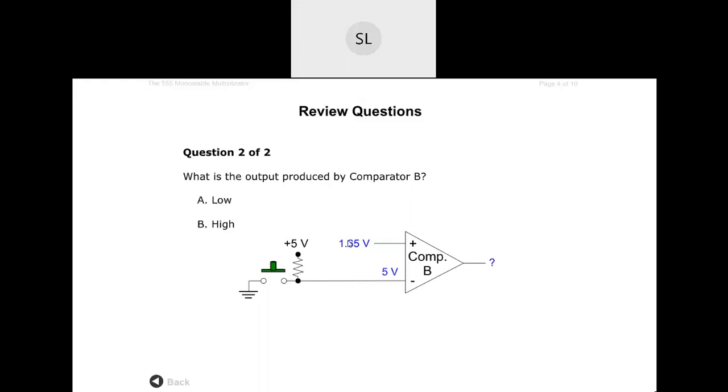Non-inverting input is at 1.65 and inverting it is at 5 volts. Then output will be high or low? Will it be high? What about others? What do you think? What will be the output here?